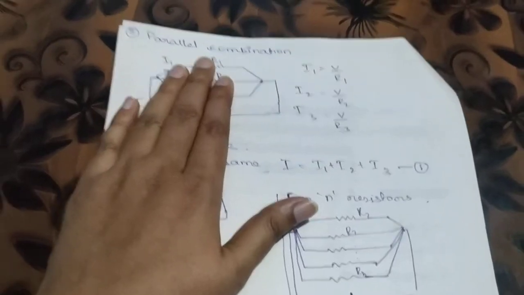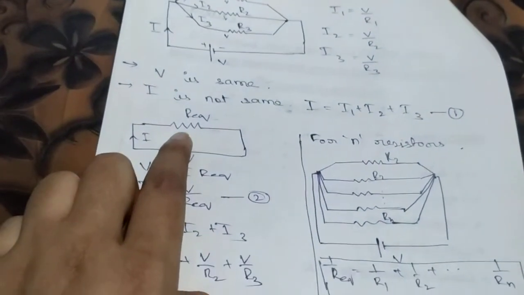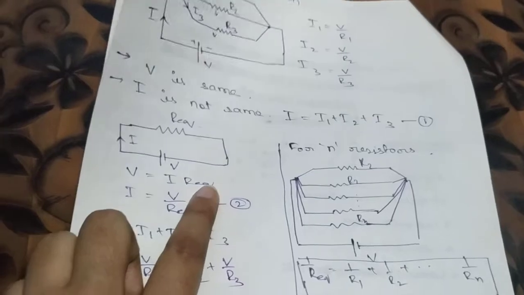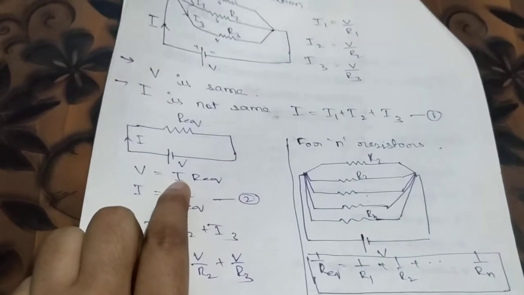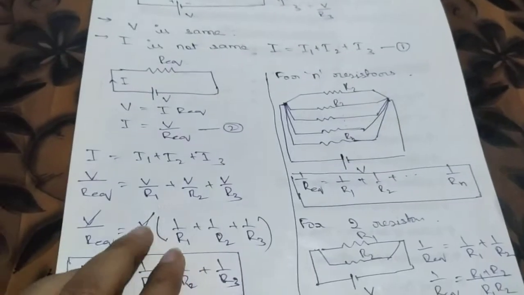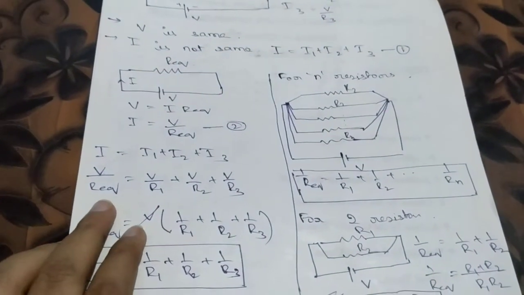Now if I don't want these 3 resistors and in place of them I want one equivalent resistor, then what we have to do? We apply the same. Current I is flowing, so V is equal to I into Req. From here I can see I is equal to V by Req. Now I is equal to I1 plus I2 plus I3, I already know this. Putting the value of equation 2 in equation 1, what will I get?